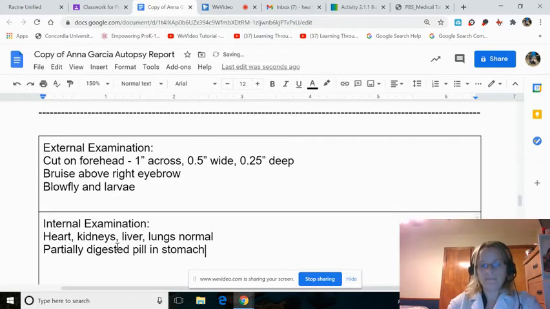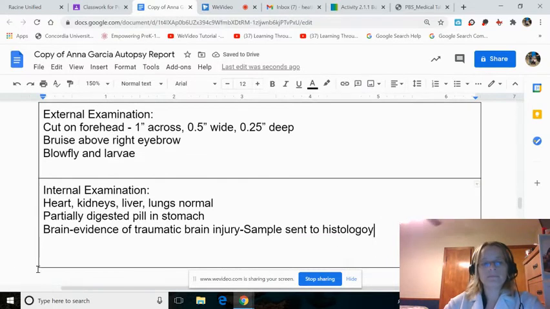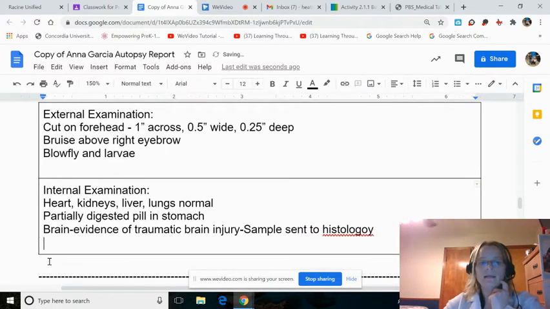And then the brain, there was evidence of traumatic brain injury. And then when we discovered that, sample sent to histology. There we go. Anna's external and internal examination.